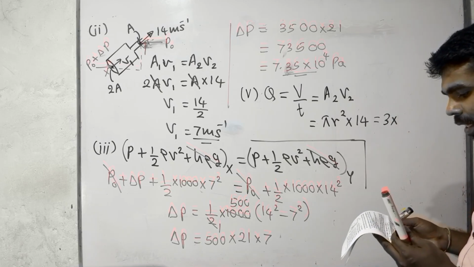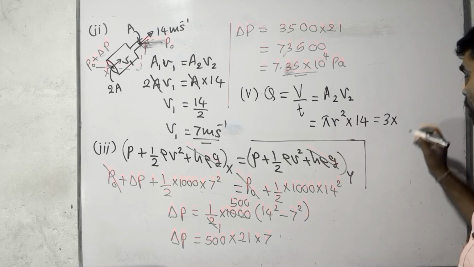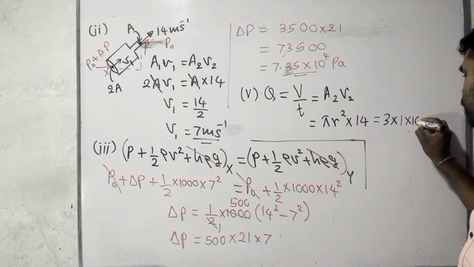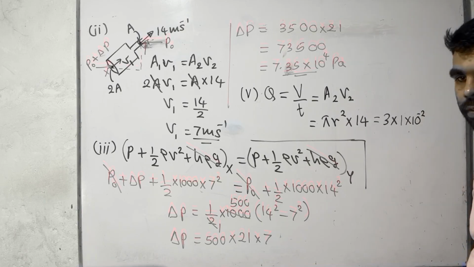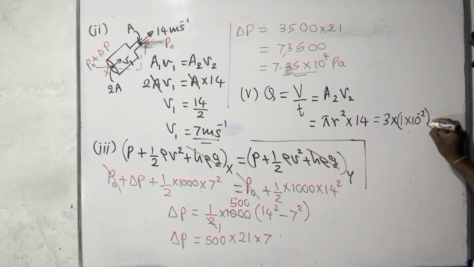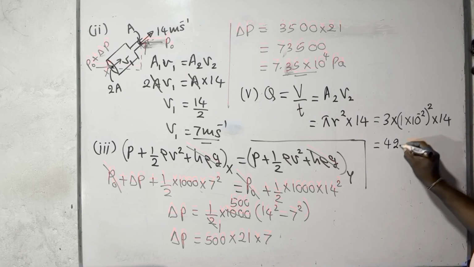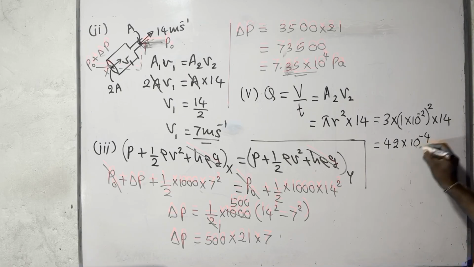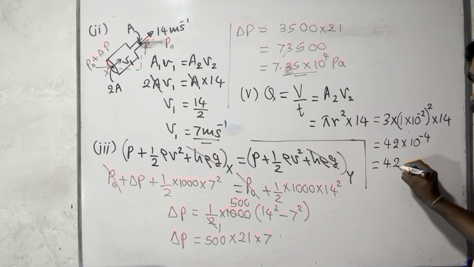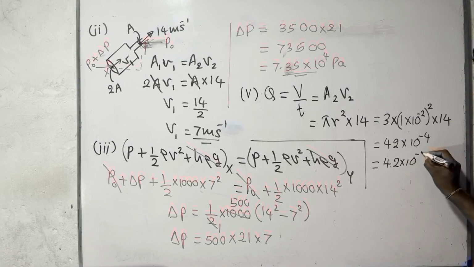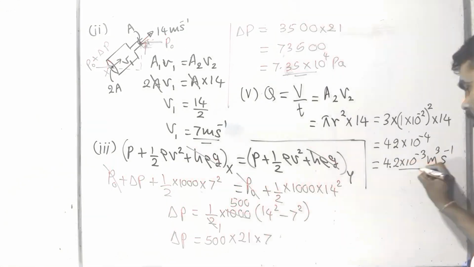Diameter is 2 centimeters, so radius 1 into 10 to the power minus 2 meters. We have to convert 1 centimeter to meter and square it, into 14. 14 into 3, 42 into 10 to the power minus 4. It is 4.2 into 10 to the power minus 3 cubic meters per second.